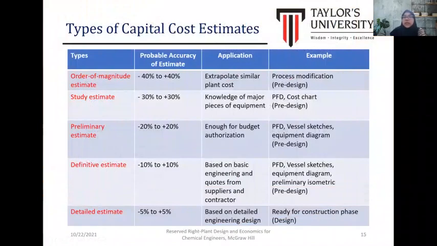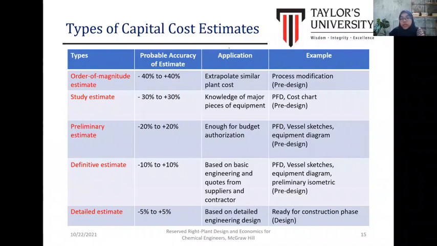Okay, the capital cost estimate can be categorized into 5 types. So first we have order of magnitude estimate. Okay, the accuracy is within minus 40% to 40%. So it can be applied to extrapolate similar plant cost.